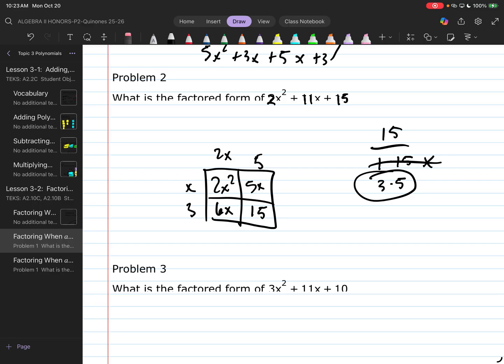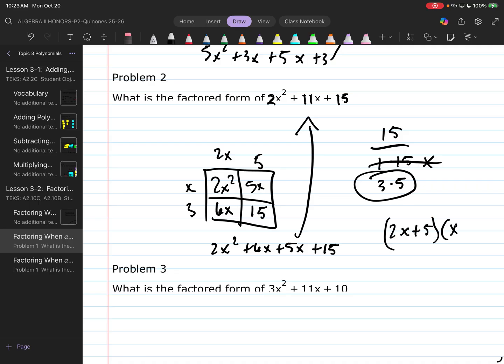Looks like that works. 2x squared plus 6x plus 5x plus 15 gives me that. So then my answer is 2x plus 5 times x plus 3. Are we okay, everybody? Yes, this is why still being able to factor is super important. Okay?